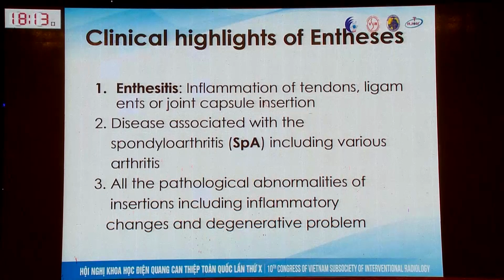When we think about enthesitis, we tend to think about spondyloarthritis, including various arthritis like psoriatic arthritis, ankylosing spondylitis, or other undifferentiated spondyloarthritis. But today I'm going to focus on sports-induced enthesitis.